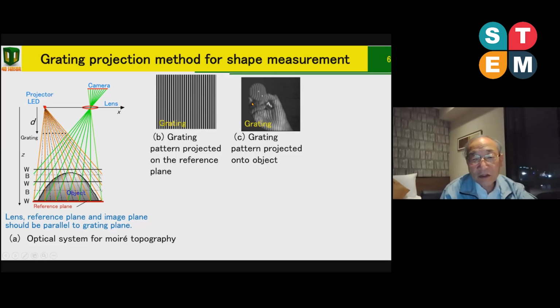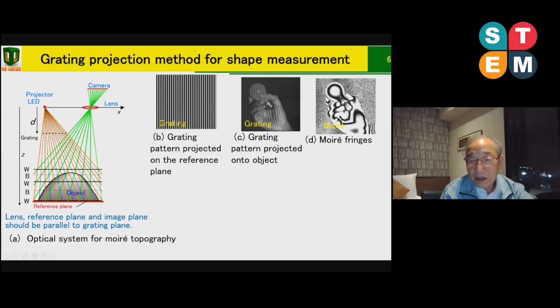By superposing this deformed grating and a straight grating, we can obtain moiré fringes. By analyzing these moiré fringes, we can obtain the shape distribution. And also we can analyze the shape by using this deformed grating image.